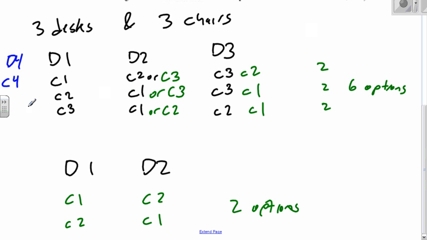Or chair 3, where we just replace all the 3s with 4 over here. Or chair 2, where we replace all the 2s with a 4, and so on. So there would be, since there's now a fourth chair, all of these happen for each of the 4 different scenarios.